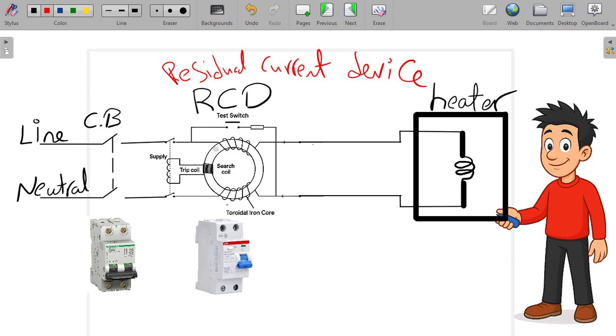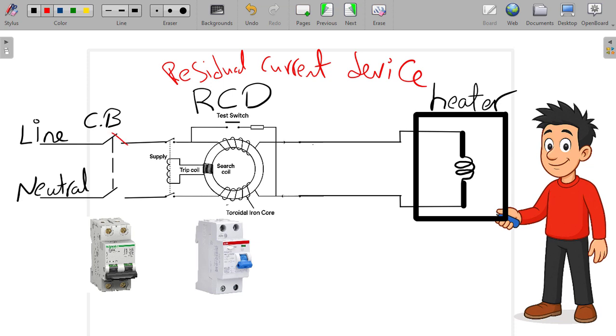And here, as you can see, the current that will go to the heater, we will pass it as a coil around this toroidal core. And the current that will get back from the heater, we will use it as another coil into the toroidal core and return back to the neutral.